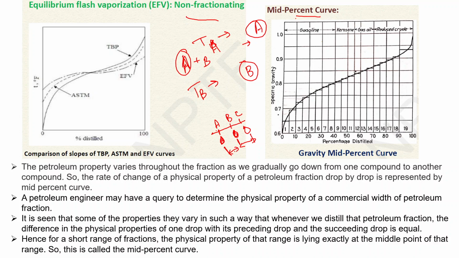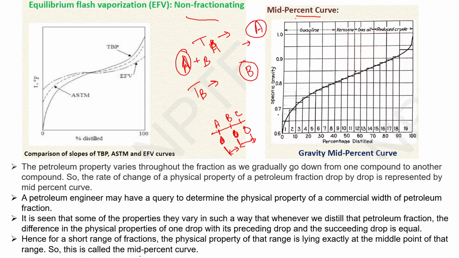Suppose a petroleum fraction is boiling at 40 degrees, another fraction at 41 degrees, and a third fraction at 42 degrees. We can see that the property of crude oil boiling at 41 in comparison to boiling at 40 and 42 is not very different. There is not a huge difference when the temperature is not very different.